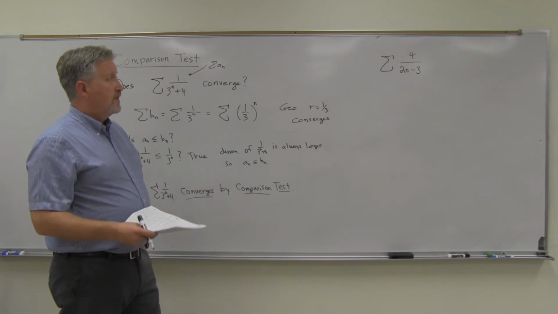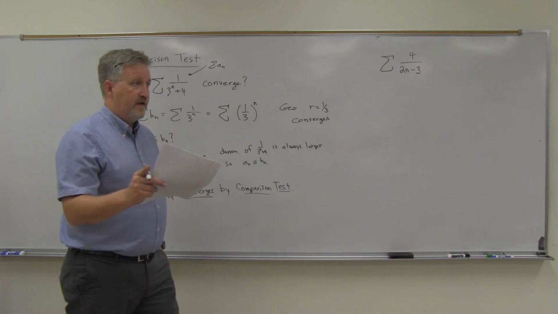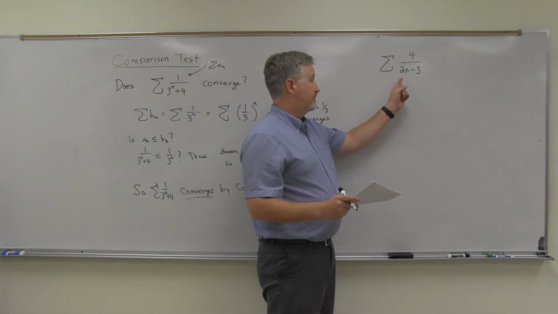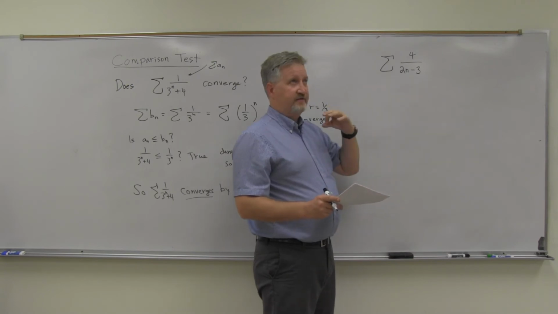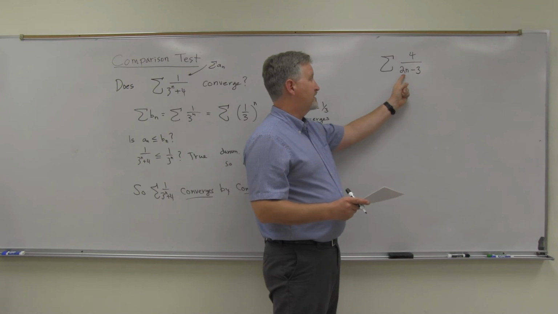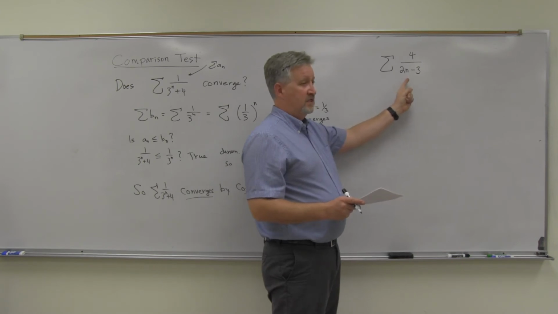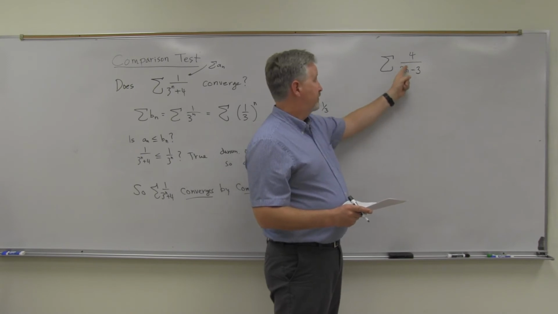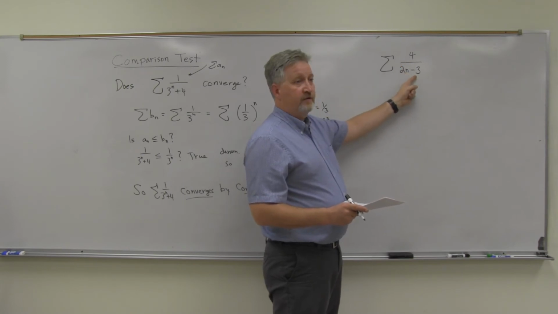But one thing to point out on this one, though, do you notice here, for this comparison test, can I start at 1, technically speaking? Why couldn't I start this n equals 1? What would be the first term if I did n equals 1? 4 over negative 1, which makes it a negative term.